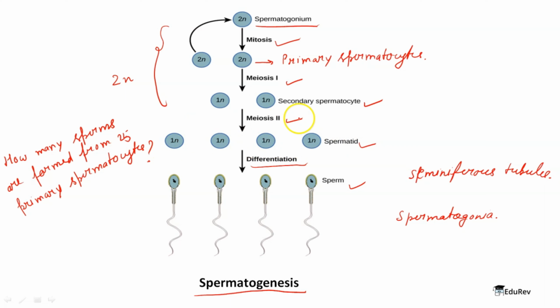So one primary spermatocyte will result in 4 sperms, right? That means how many sperms are formed from 25 primary spermatocytes? It is 25 into 4, which is equal to 100, right? That means 25 primary spermatocytes will form 100 sperms.